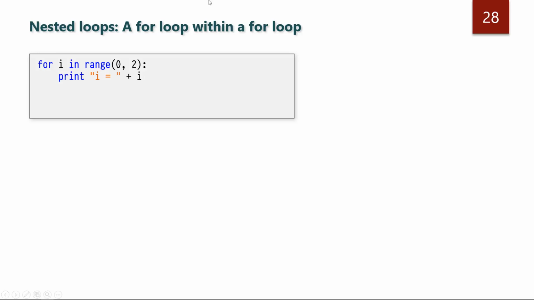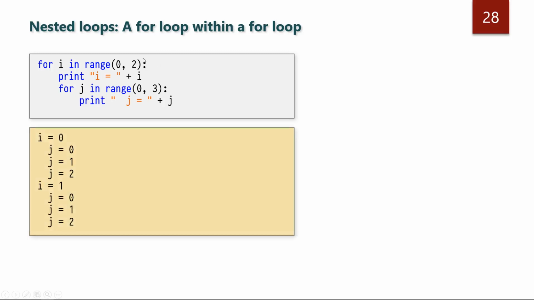Now, within the body of the for loop, we have another for loop. See the indentations. This for loop has J going from 0 to 3, and each time the J loop runs, I print out a message, J equal to big J. Also, when I print out a message, I make an indentation, just so that when things are displayed in the output panel, the J is indented relative to the I. Now, if I run this, what you see is first I equal to 0, and then this loop kicks in and J equal to 0, J equal to 1, J equal to 2.